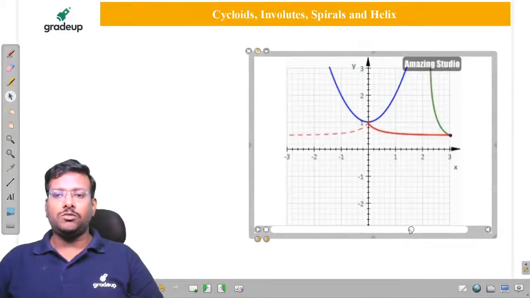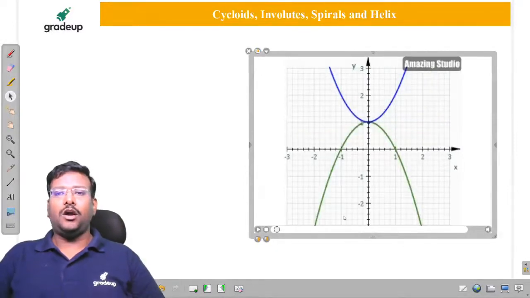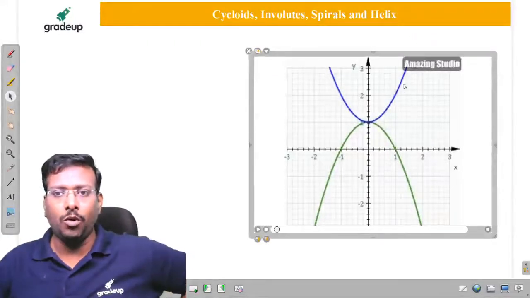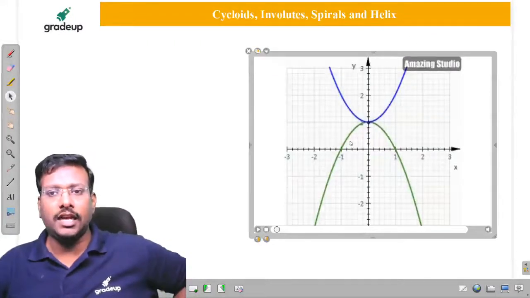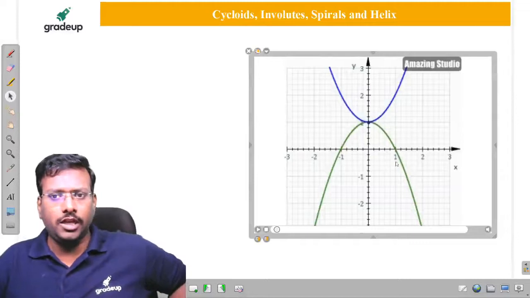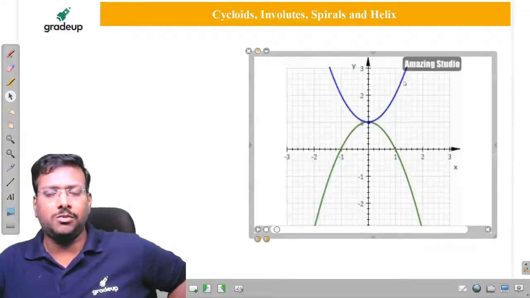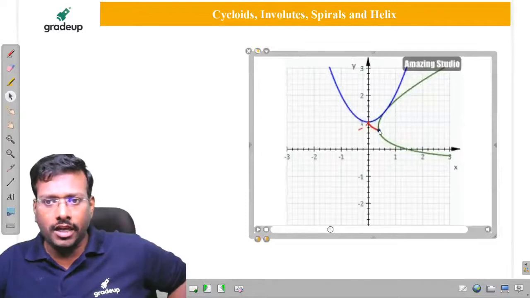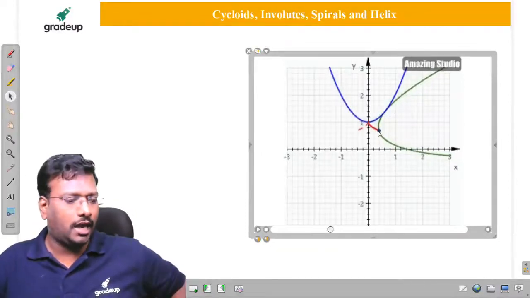Now here there are two curves. One is a blue curve, another one is a green curve. Just now you observe the blue curve is not changing its position, whereas the green curve is changing its position.